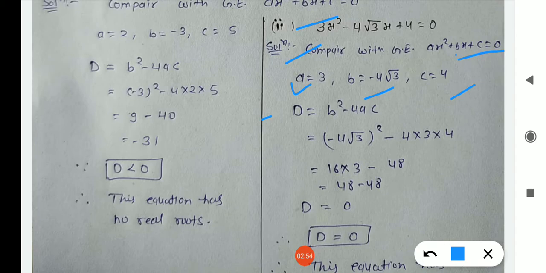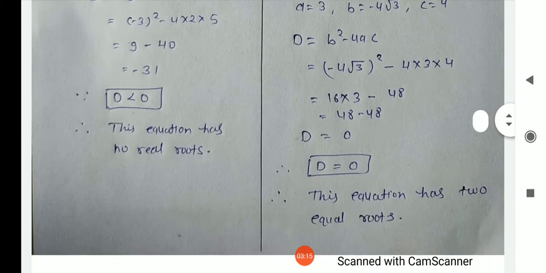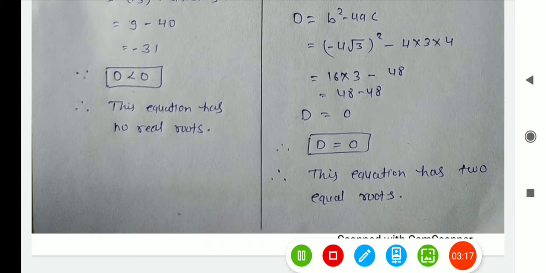Here b is minus 4 root 3 whole square, minus 4 into 3 into 4. Minus 4 square becomes 16 and root 3 square is 3, so 16 into 3 is 48, and 4 into 3 into 4 is 48. So 48 minus 48 is 0. So D is 0.